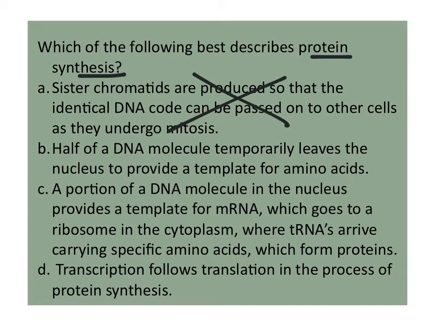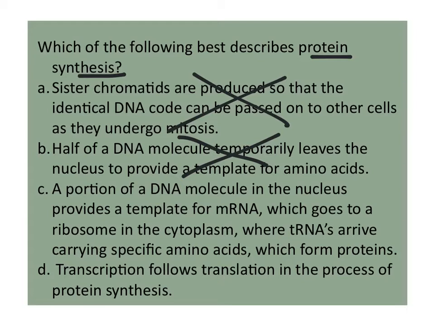Okay, B. Half of a DNA molecule temporarily leaves the nucleus to provide a template for amino acids. A lot of things wrong with that one. First of all, a DNA molecule never leaves the nucleus, and there is no template for amino acids. So again, not it.